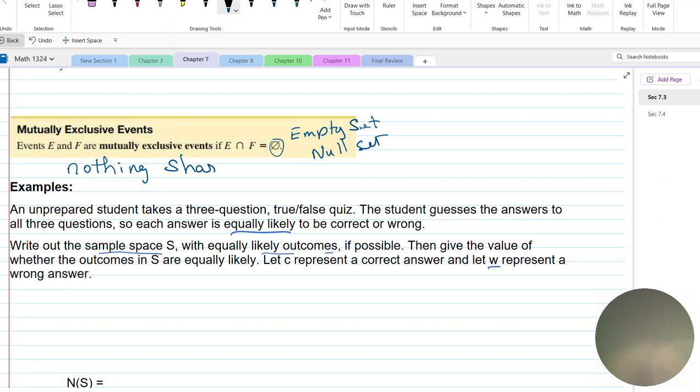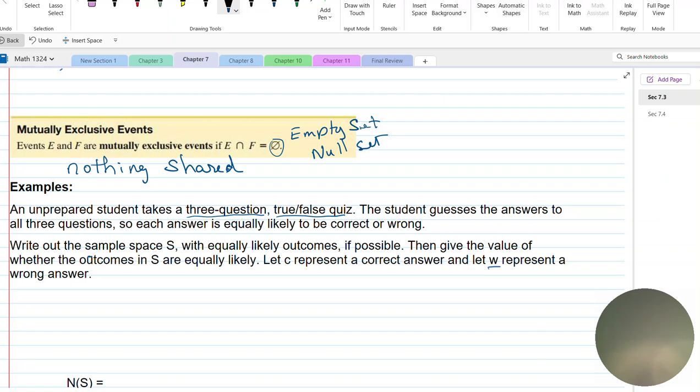All right, let's see what kind of damage we can do on this probability. An unprepared student takes a 3-question true-false quiz. The student guesses the answers to all 3 questions, so each answer is equally likely to be correct or wrong.